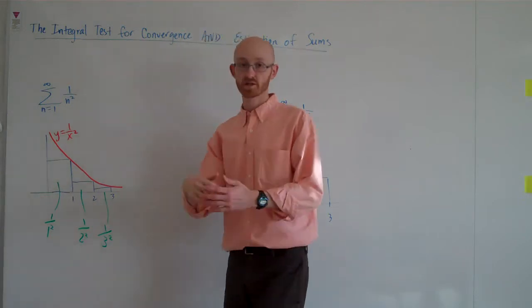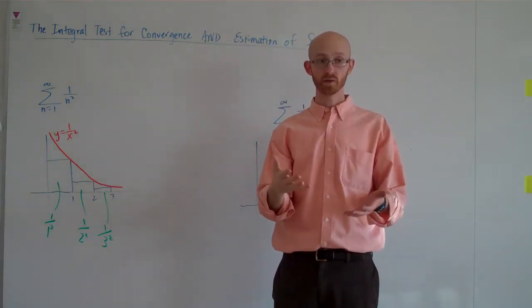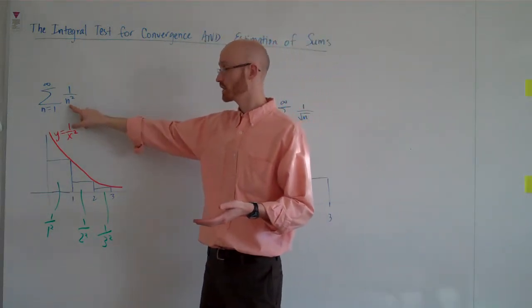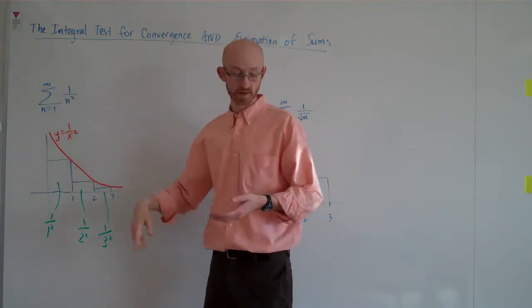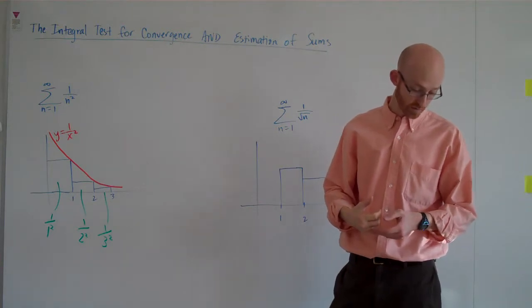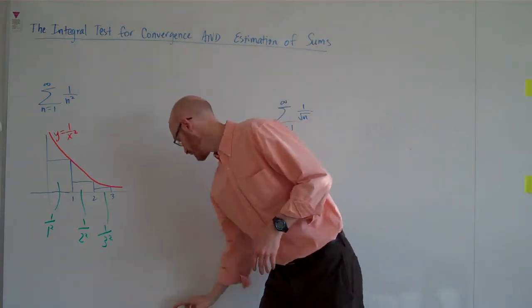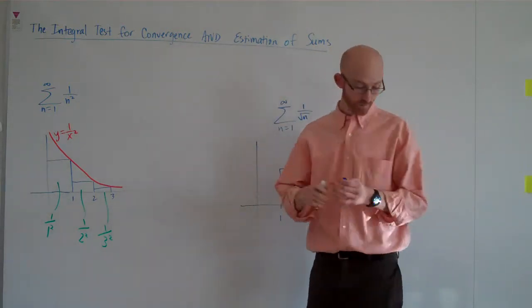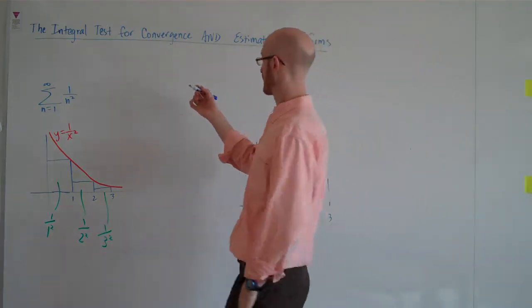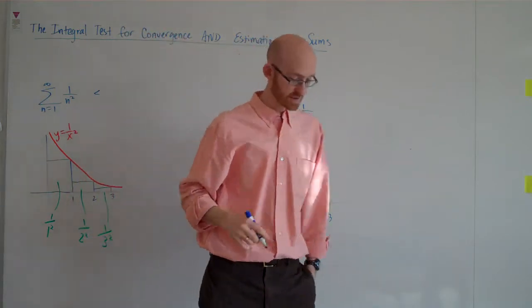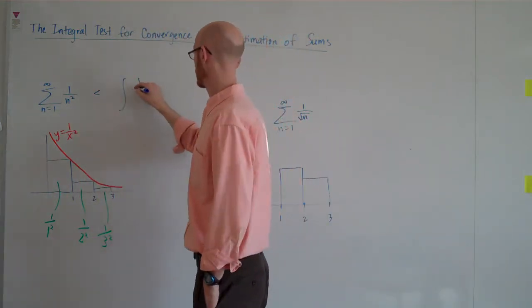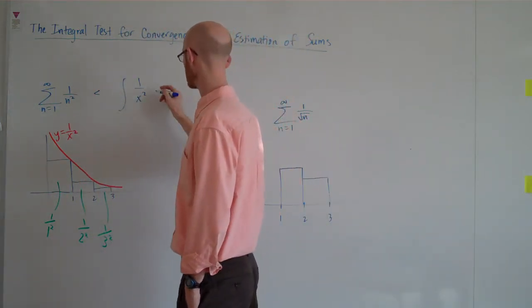If that gives us a number, then we know that this sum must converge, because this sum is clearly less than the integral of 1 over x squared.